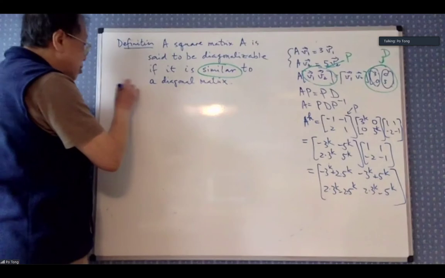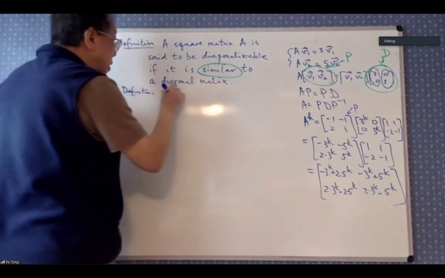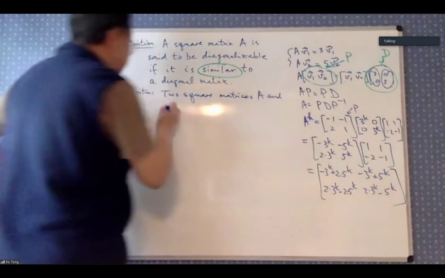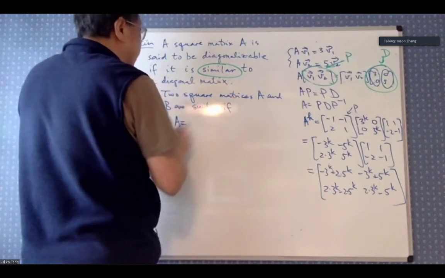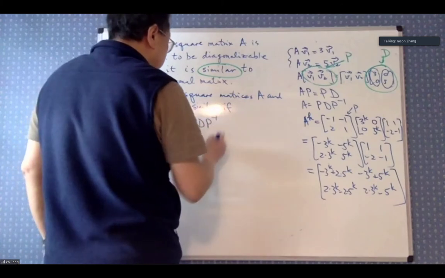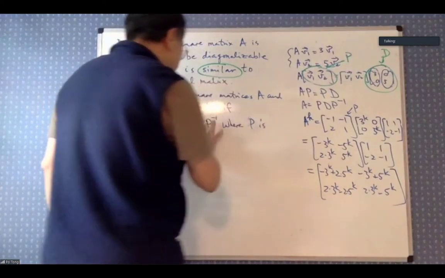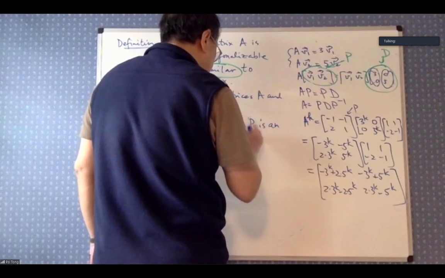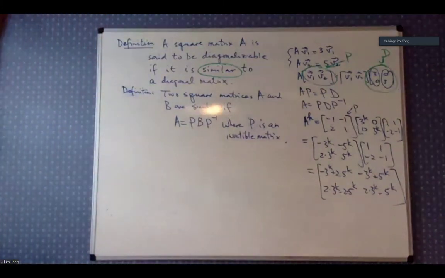Two square matrices A and B are similar if A equals P D P inverse.